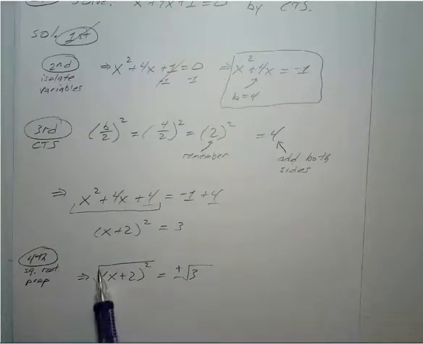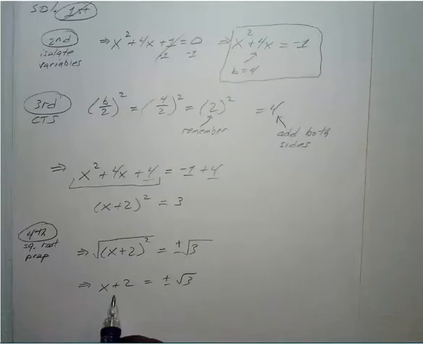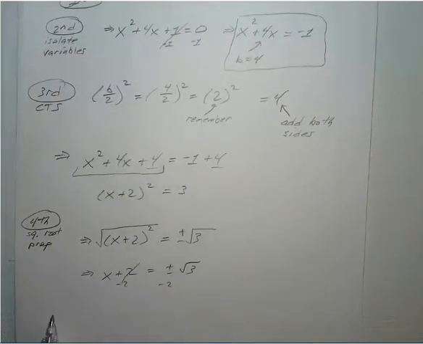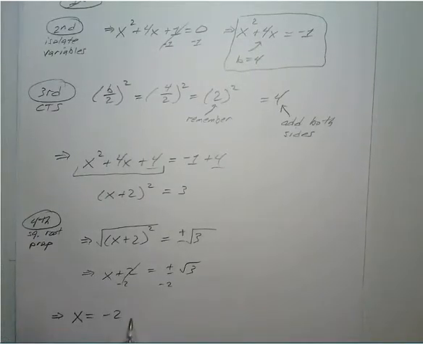So the square and the square root cancel each other out. And that just leaves us with x plus 2 equals plus or minus square root of 3. So to solve for x, we subtract 2 from both sides, which leaves us with the answer x equals -2 plus or minus square root of 3.